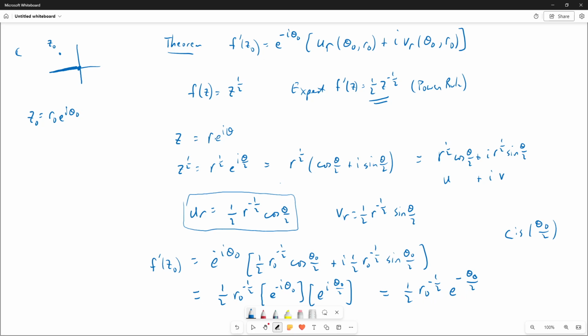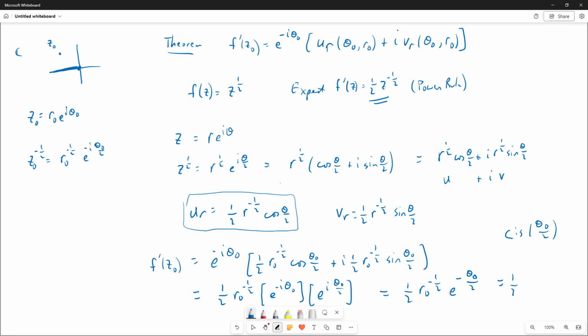And if z0 is r e to the i theta 0, then z0 to the minus 1/2 is r0 to the minus 1/2 times e to the minus i theta 0 over 2, which is exactly what we have here.